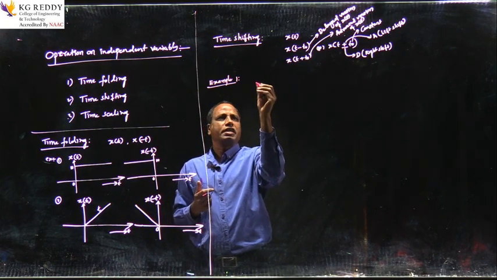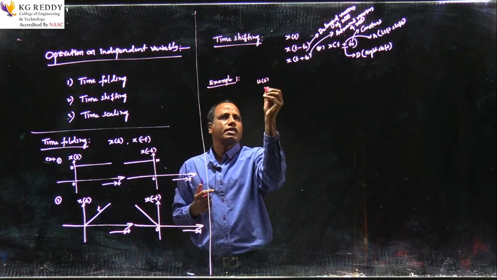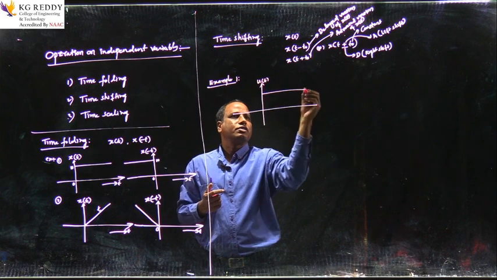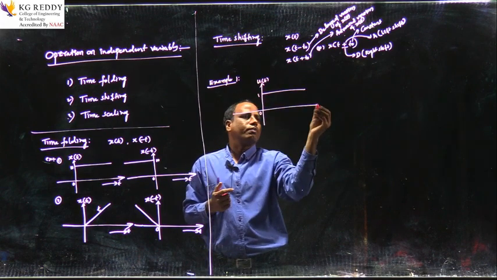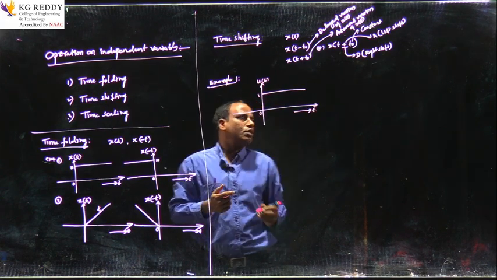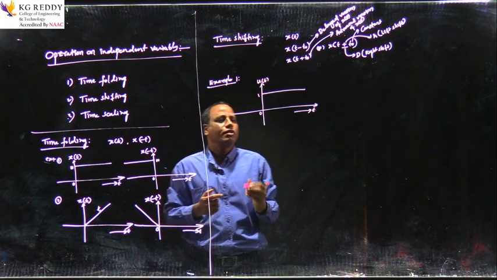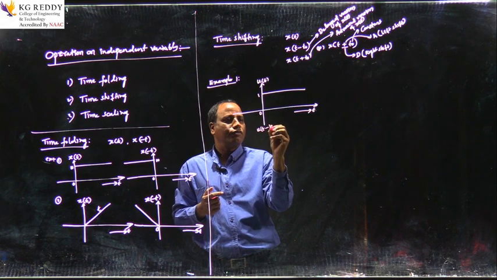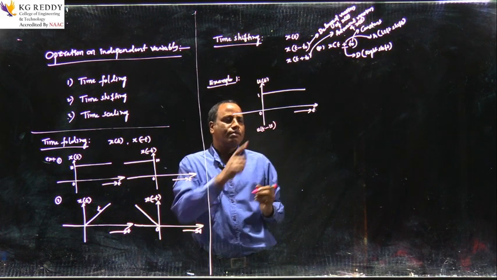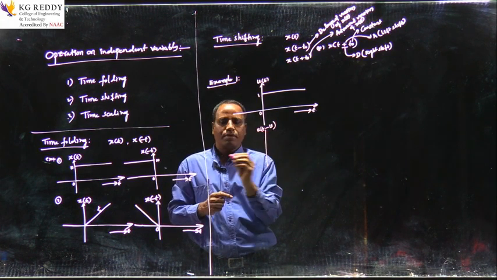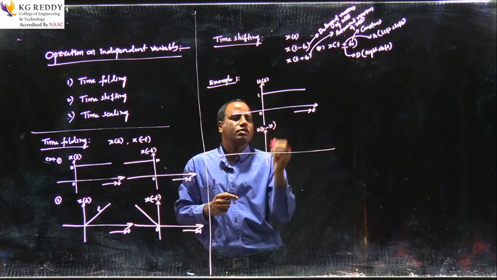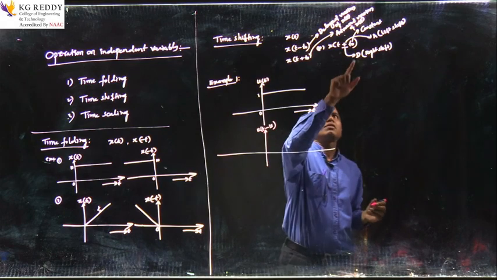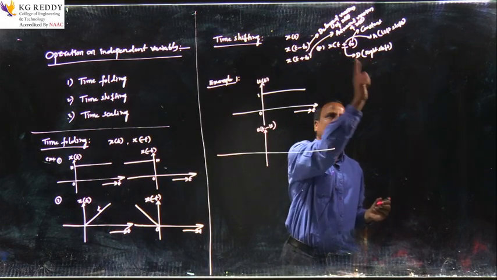Example, very simple: I'll say u of t. This is my signal u of t, and this is 0. Now if I want to understand how u of t minus 15 can be sketched, as I mentioned, minus represents delay, which means right shift.